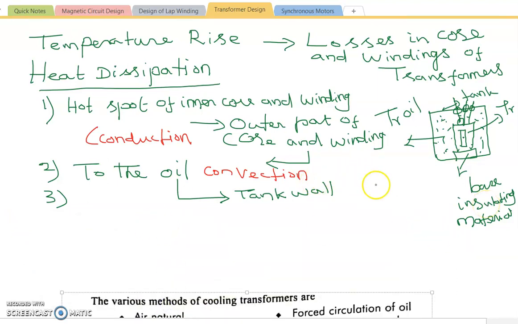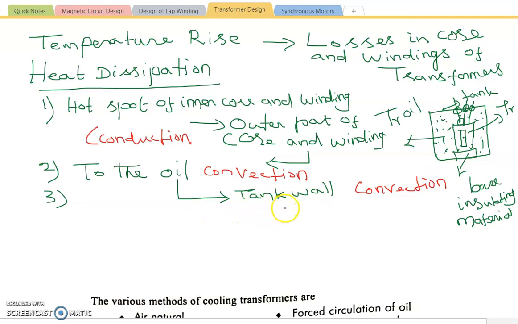So this is the third thing to take place in the transformer heat dissipation: oil to the tank wall. In the transformer, that is from the transformer oil to the transformer tank wall, here also the heat dissipation is going to take place by convection.